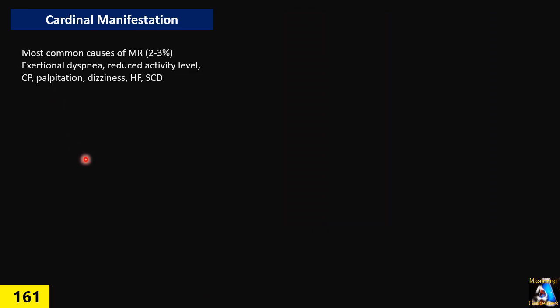About 2 to 3% of the population has mitral valve prolapse, and mitral valve prolapse is the most common cause of mitral regurgitation. Most patients with mitral valve prolapse are asymptomatic.